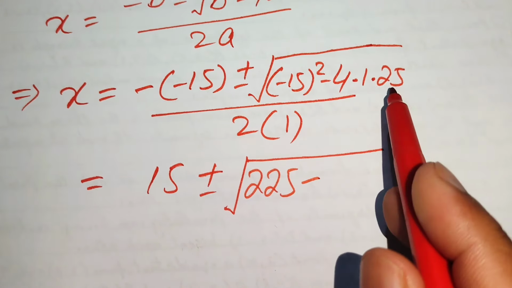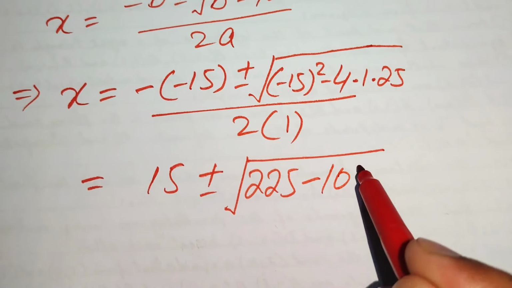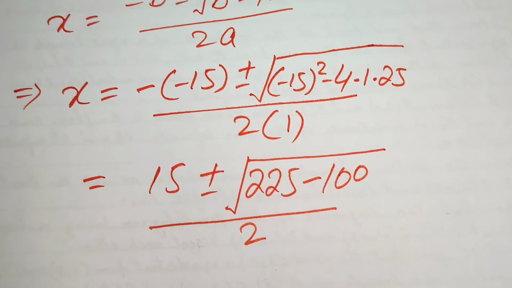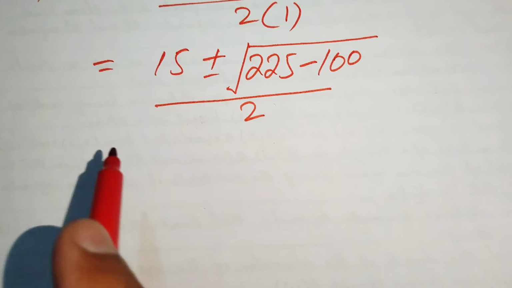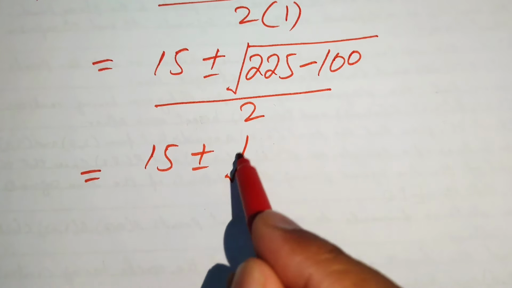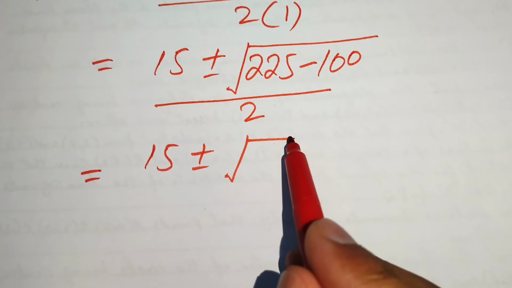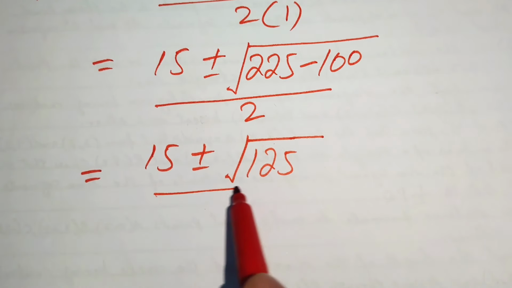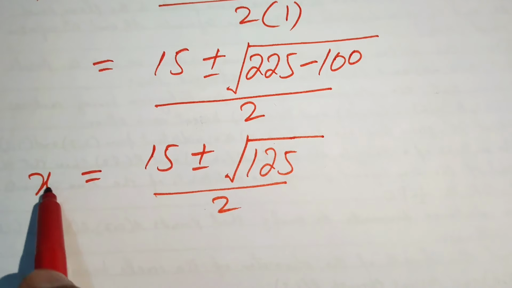225, and 4 times 25 equals 100, and it is divided by 2 times 1, which equals 2. So now in the next step we have 15 plus or minus the square root of 225 minus 100, which equals 125, divided by 2.